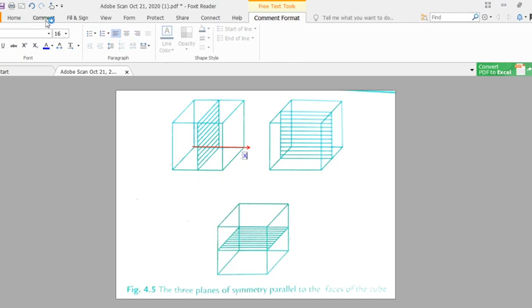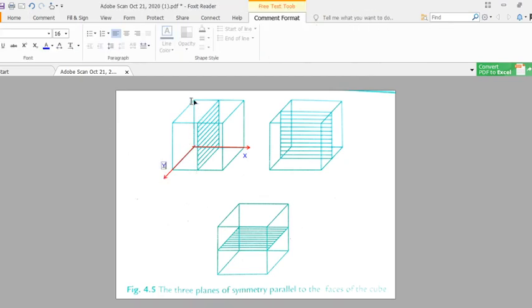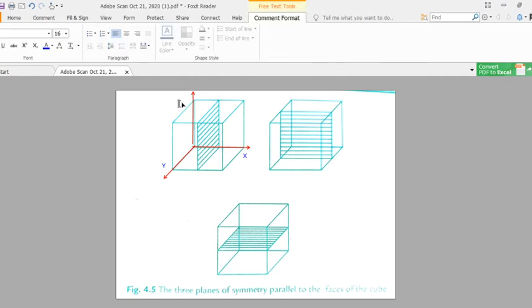Let us say this is your y-axis. Let me write here y, and this one is the z-axis. So one can understand what the x, y and z are.